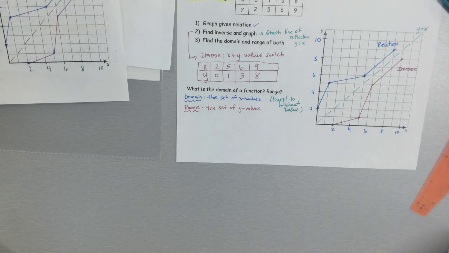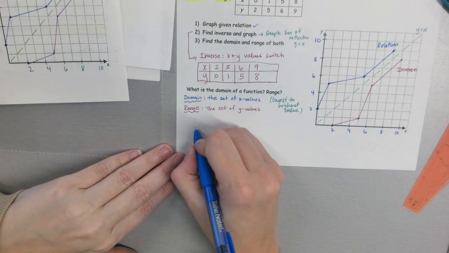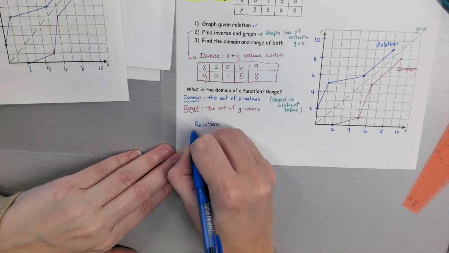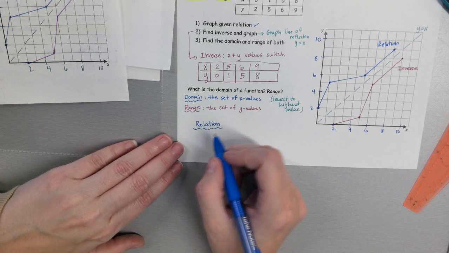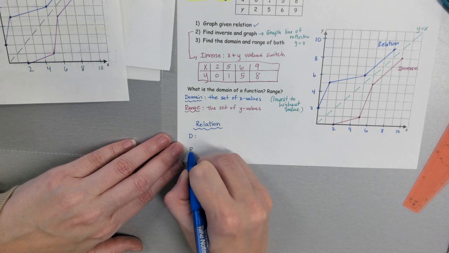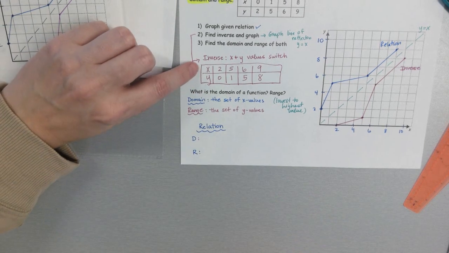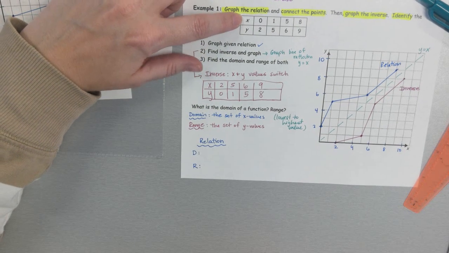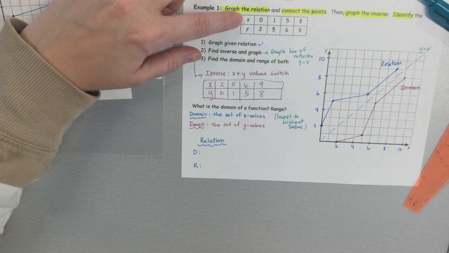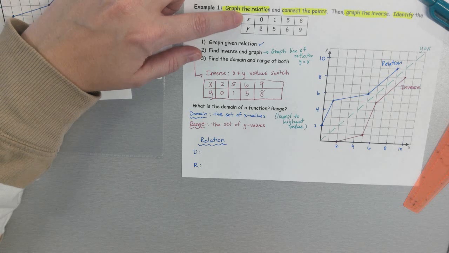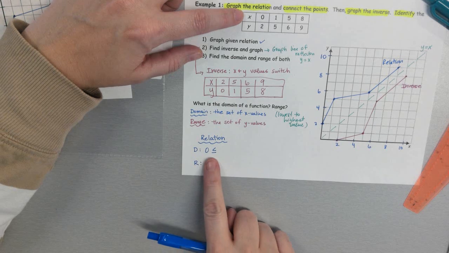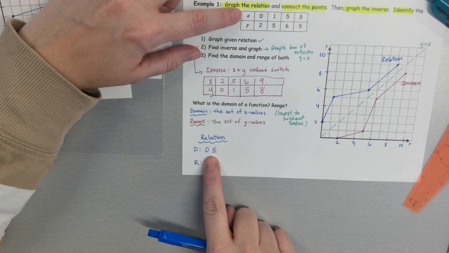Okay, so we're gonna look at the relation first. So in terms of the relation, the domain, I'm gonna look at my x's, which are in my chart up here. So what's my lowest x value? What's my lowest x value in my chart? 0. Okay, and then it's inclusive, so I do have to put that it's less than or equal to.